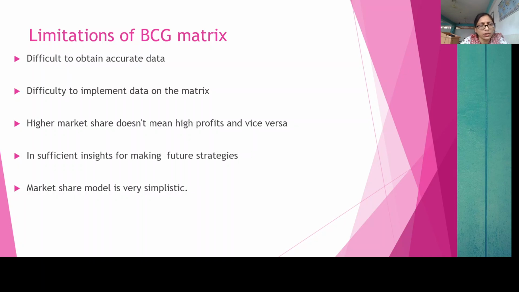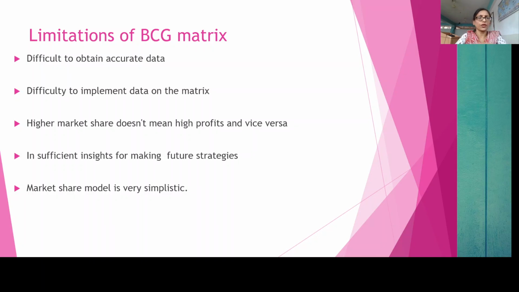So this is very dynamic, because it depends on the company strategies and on the customer demands.